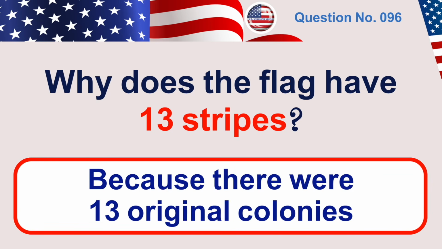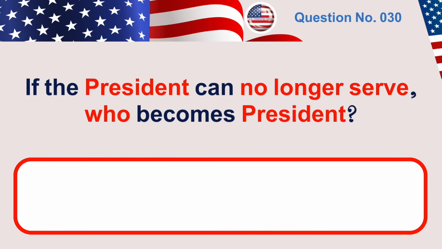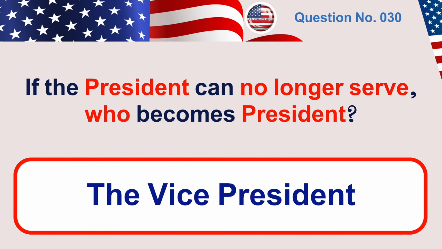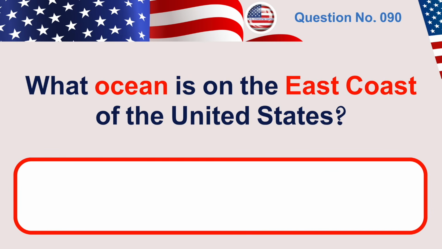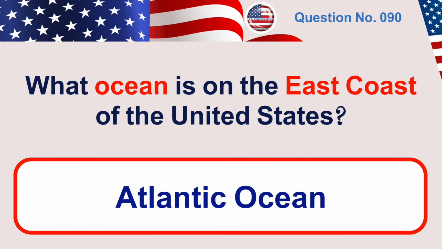Because there were 13 original colonies. If the president can no longer serve, who becomes president? The vice president. What ocean is on the east coast of the United States? Atlantic Ocean.